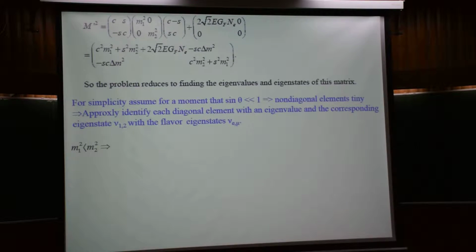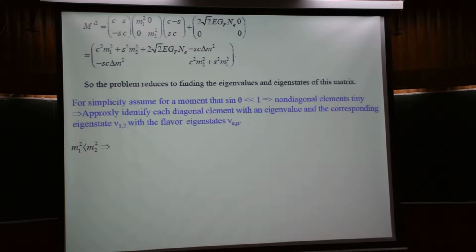But we can simplify it further if we assume for a moment that sin theta is small. It's not correct and it's not necessary, as you shall see in a moment, but let us start with that to make the discussion simple. If sin theta is small, then this sin theta cosine theta, SC stands for sin theta cosine theta, means the non-diagonal elements are small.